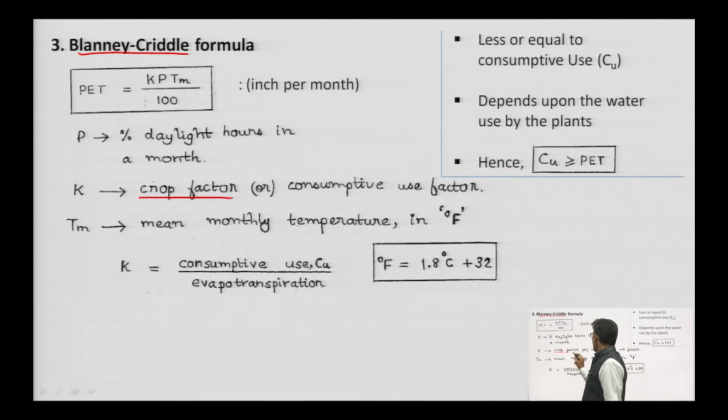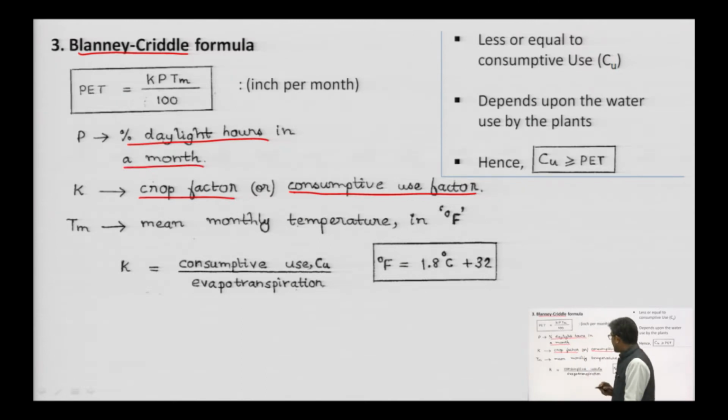K is the Kraft factor, or we can say the consumptive use factor. And P is the percentage daylight hours in a month. And Tm is the mean monthly temperature in Fahrenheit.